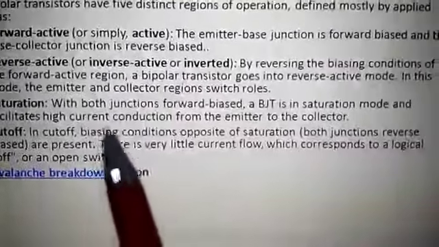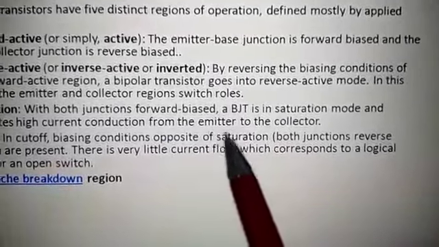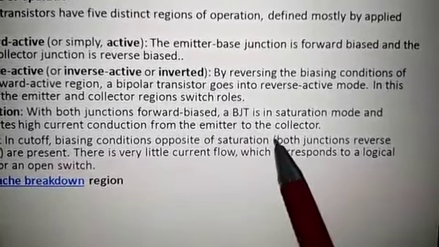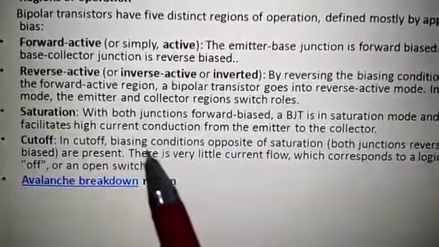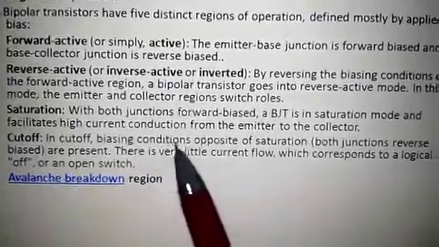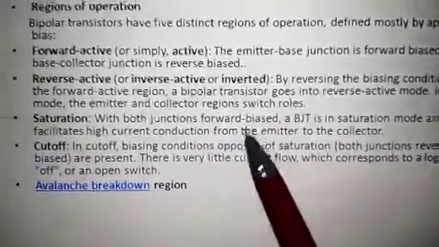Another one is saturation, with both junctions forward biased, base to emitter as well as base to collector. The transistor will be in saturation mode with high current conduction from emitter to collector. It works like an on switch.